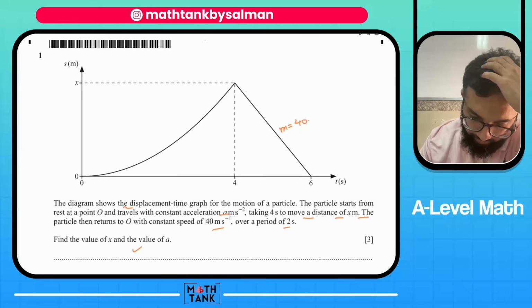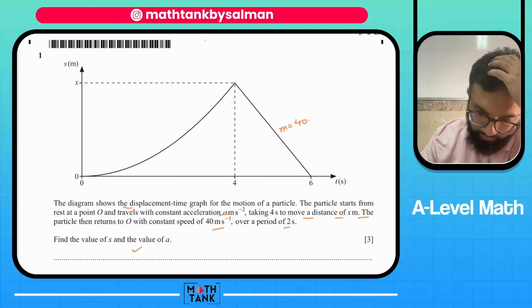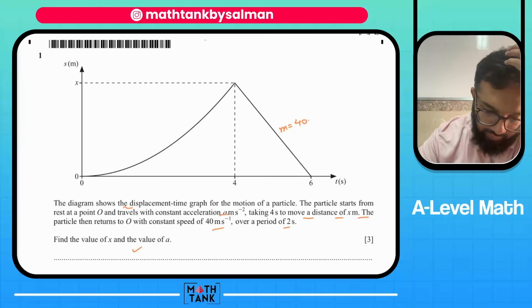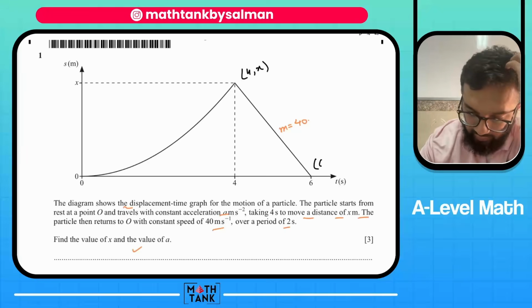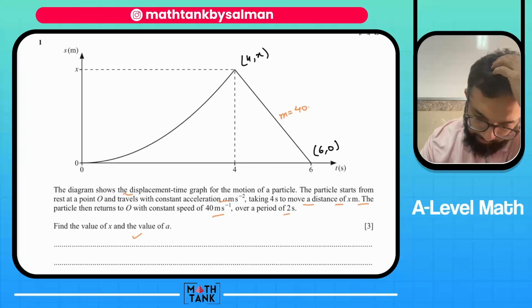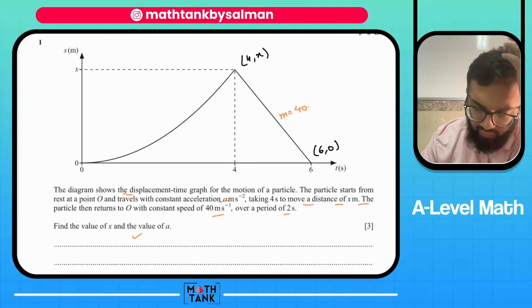So this is 4 comma x. This is 6 comma 0. So I can find out the value of x.